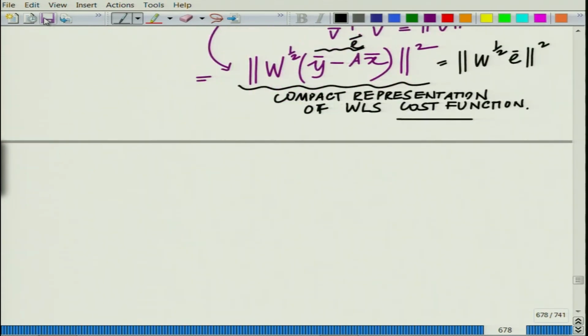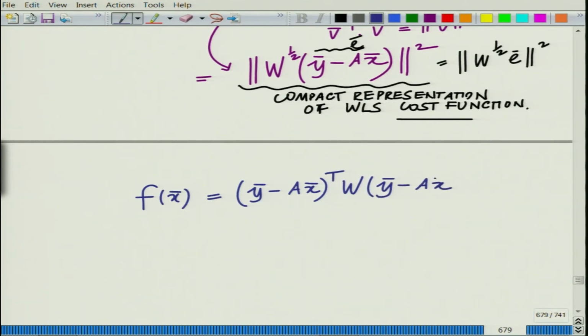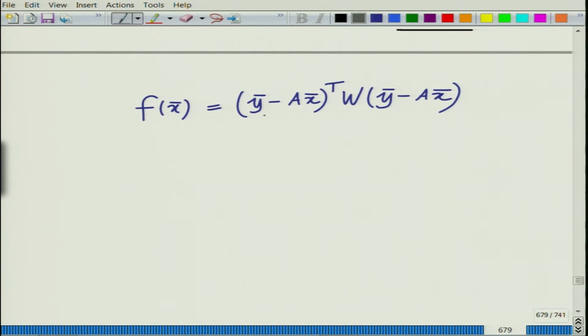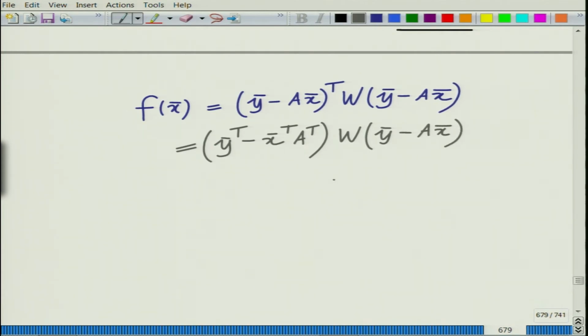Let us now expand this cost function, that is f of x bar. I can write it as y bar minus A x bar transpose W into y bar minus A x bar, and I can simplify this as follows: y bar transpose minus x bar transpose A transpose into W into y bar minus A x bar.